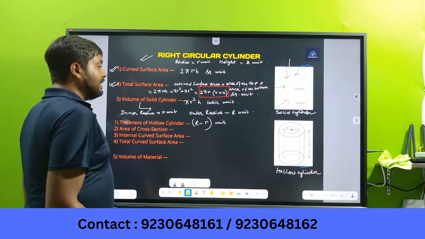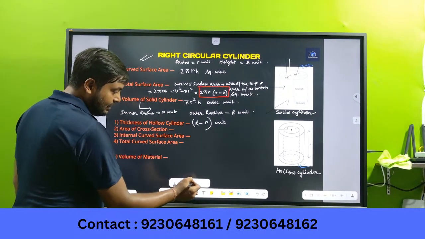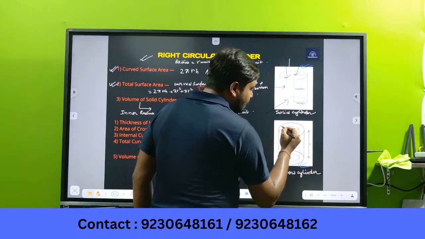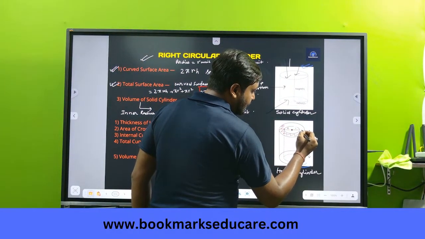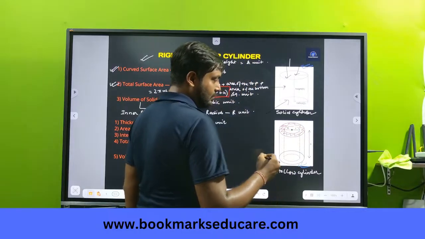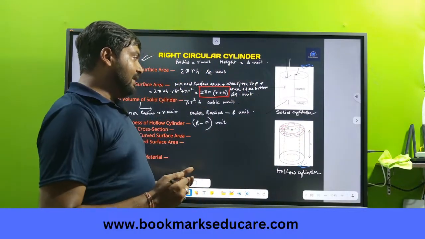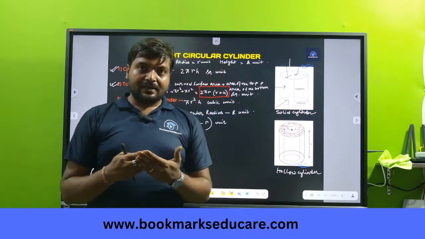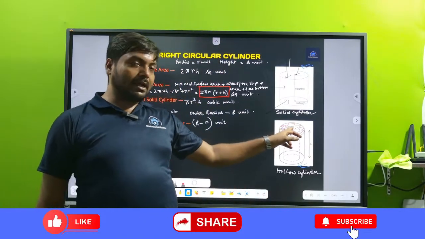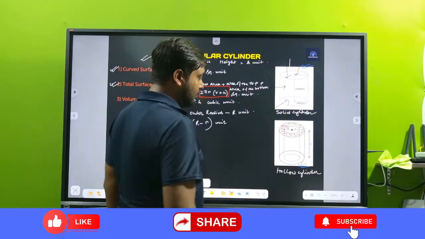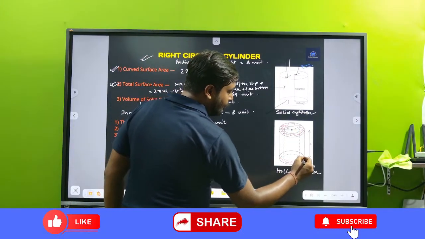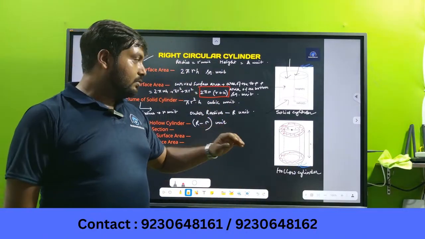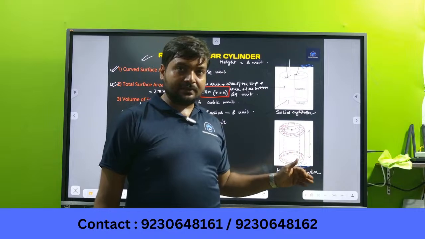Now area of cross section, what does that mean? This is the area of cross section. That means if you cut a hollow cylinder, you will get a face, and that face will look like this, and we have to find the area of cross section. And this area of cross section will be on both sides.